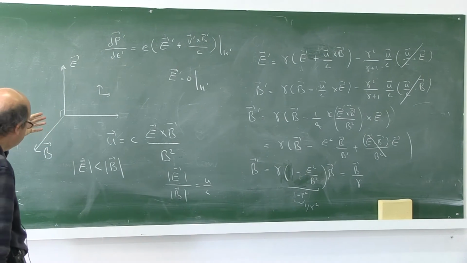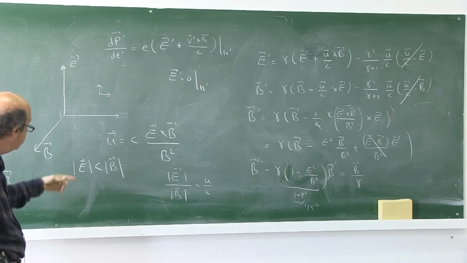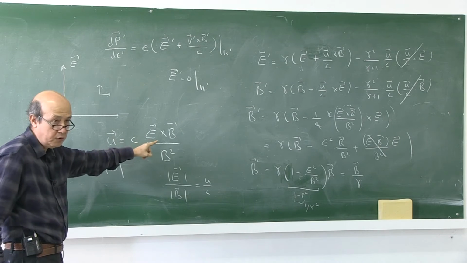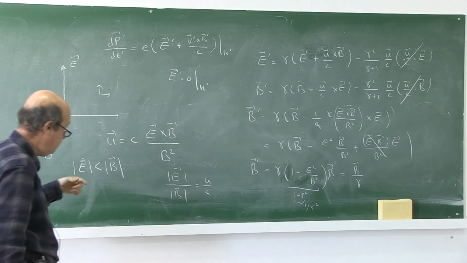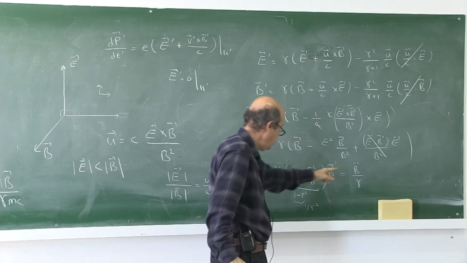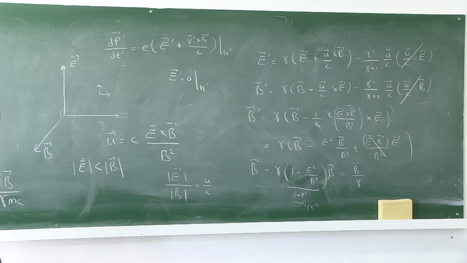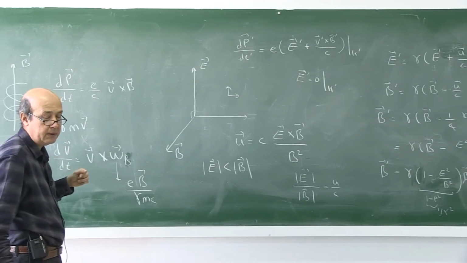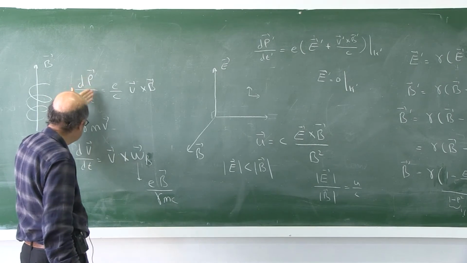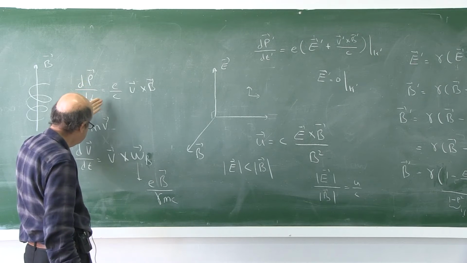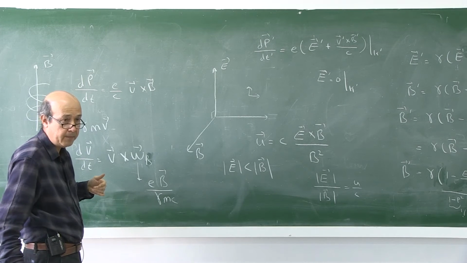Now, if you have a uniform E and B field, the situation is the following. If the frame is moving as E cross B, it is called the E cross B drift. You will see the magnetic field only, no electric field, and you know how a charged particle moves if there is a uniform magnetic field. So dp over dt is dp prime over dt prime, equal to e over c, v prime cross B prime.